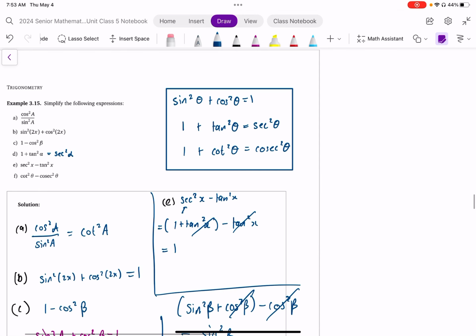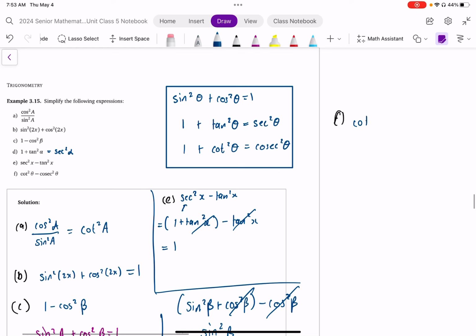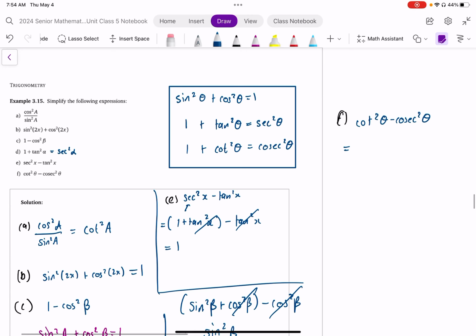So I'll do that over here on the right. Okay, so I was asked to simplify cot squared theta minus cosec squared theta. Now that will be equal to cot squared theta minus, and then I'll substitute this in for cosec squared theta.